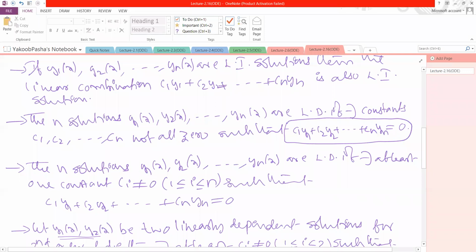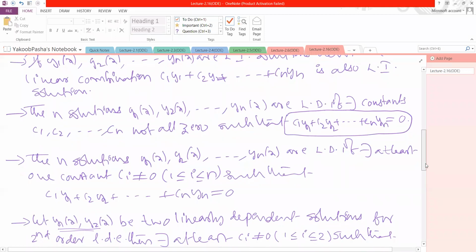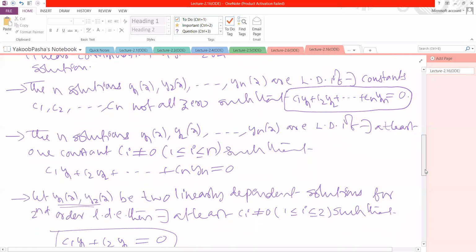That means there exists at least one constant ci which is not equal to 0. Either it may be c1 or c2 or cn, whatever the term. It may be c3 also. So which is not equal to 0 such that the linear combination is 0. Then we say that the solutions are linearly dependent.